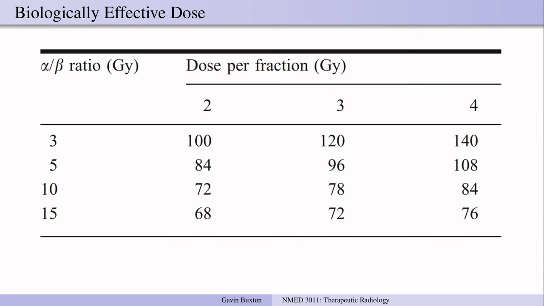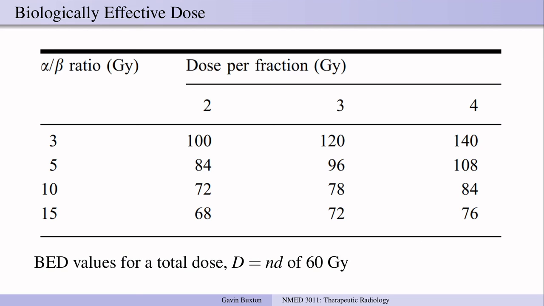Just putting numbers into the previous equation gives us this table. For a total applied dose of 60 grays, notice the BED is higher than the total dose.